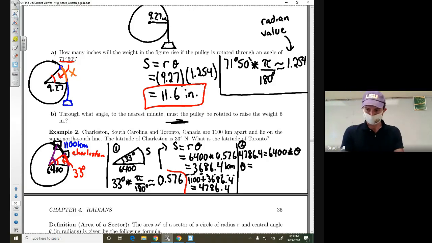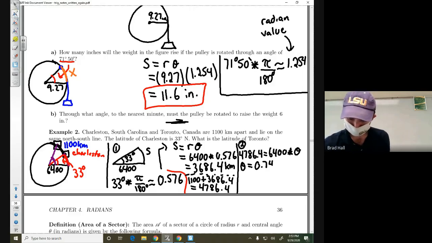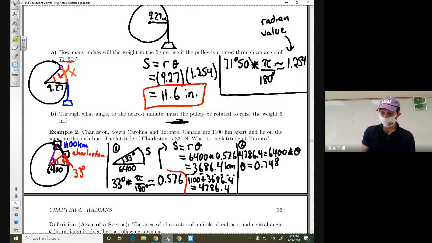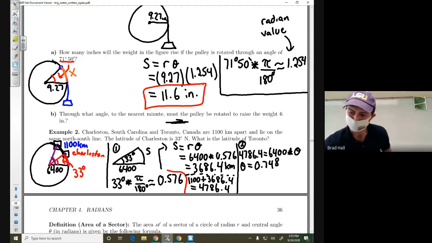So really all we have to do is divide. Call it 748. Why not? And this is radians.